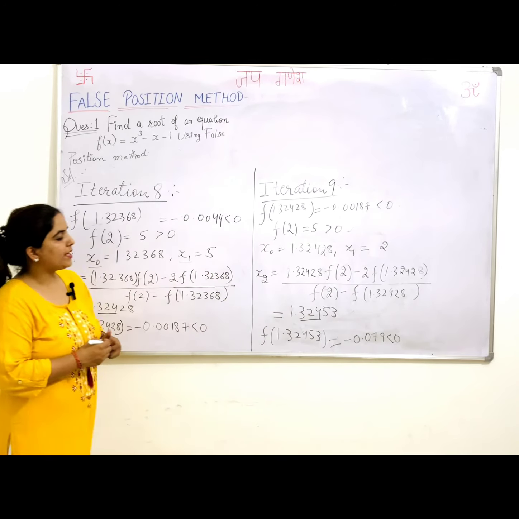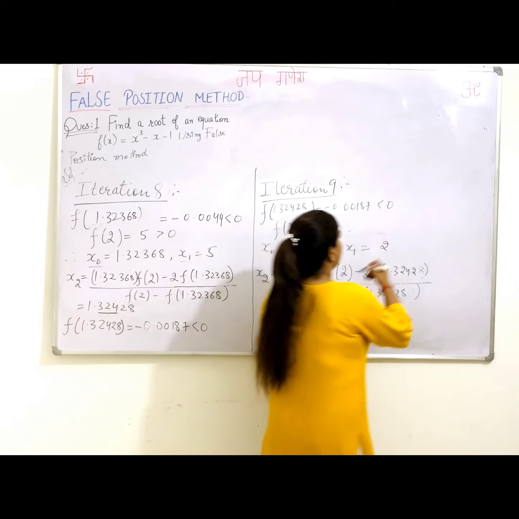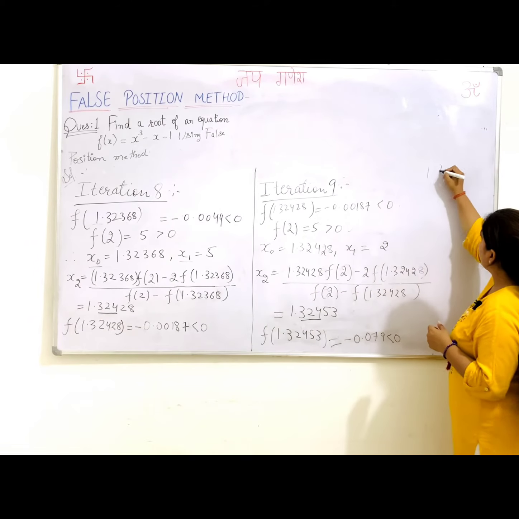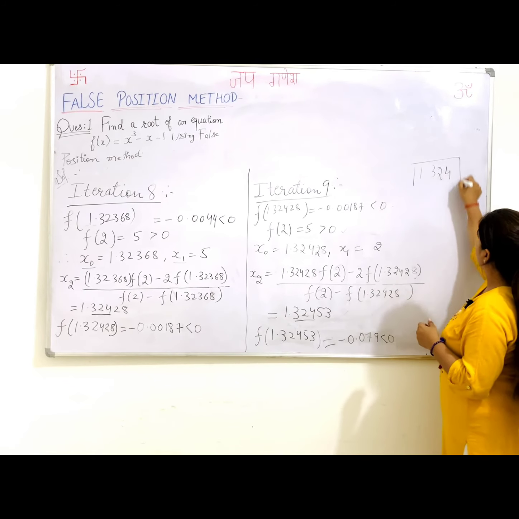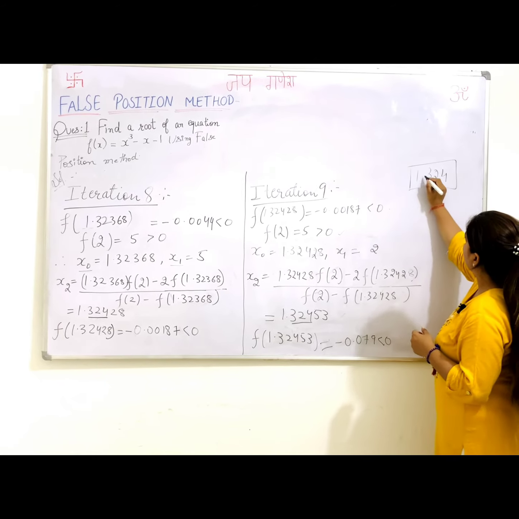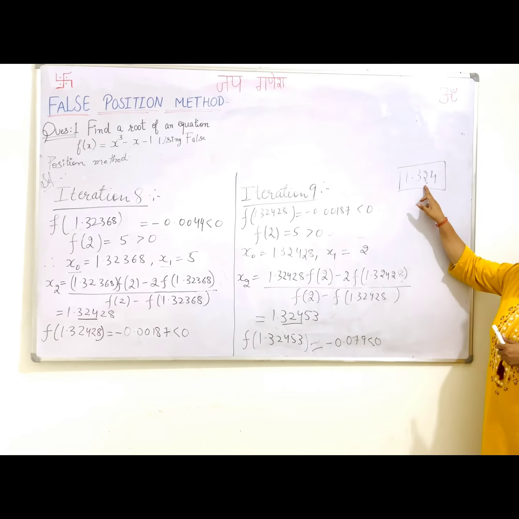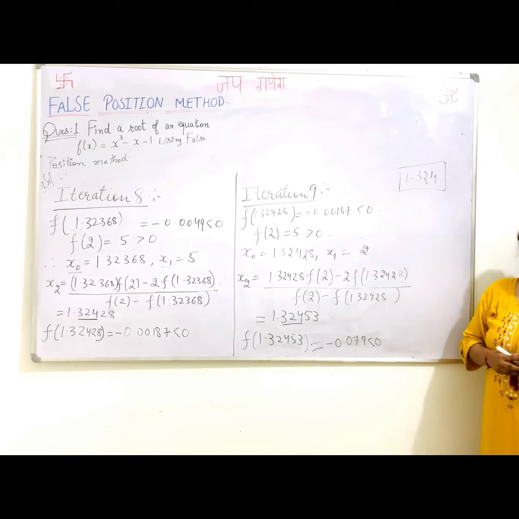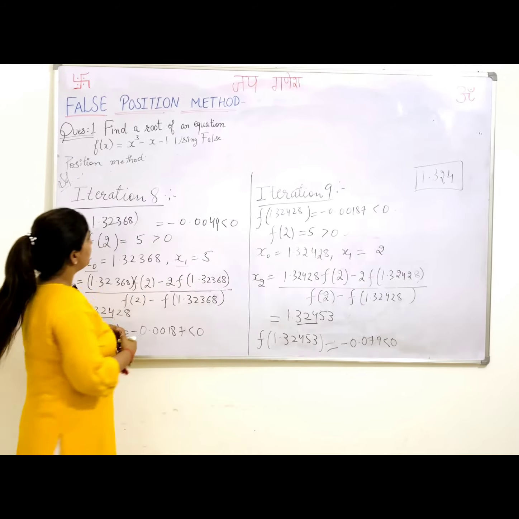So here we can stop this whole solution. The final answer we can write as 1.324. It would be considered as the final answer. 1.324 is the solution of the cubic equation x cube minus x minus 1.